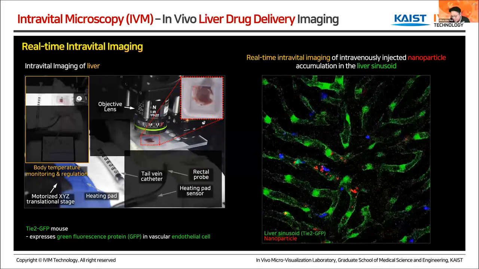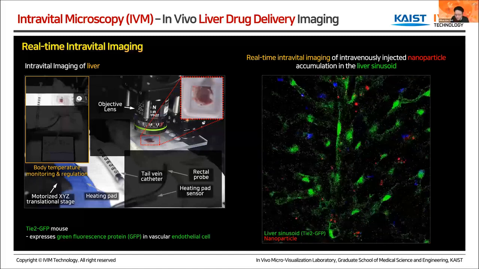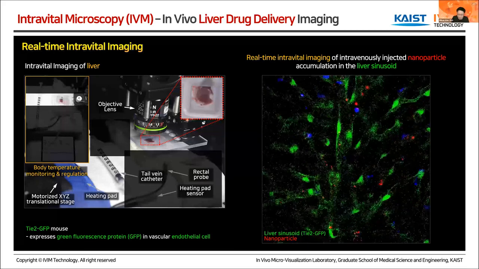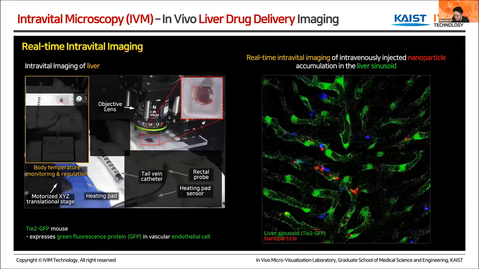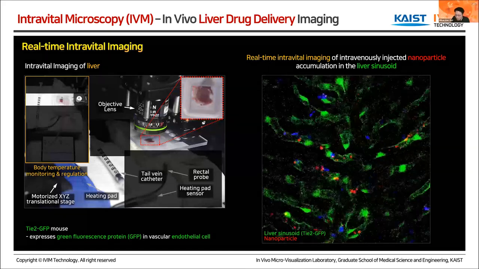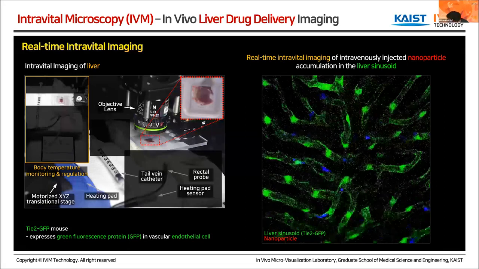But there are many publications already about long bone marrow imaging using two-photon microscope. So we can just follow those published methods.